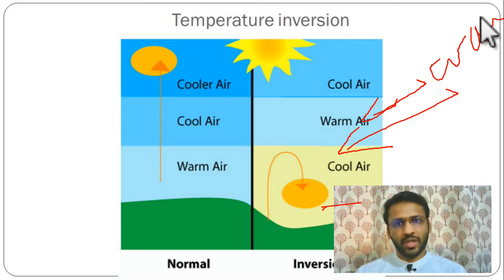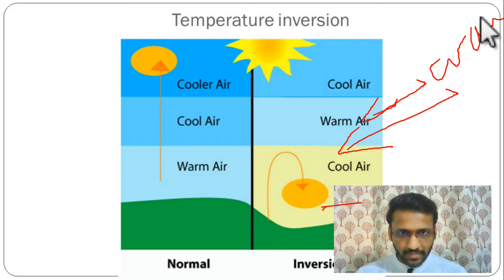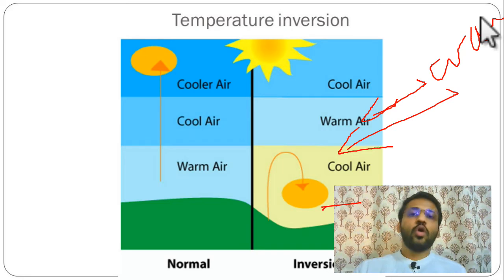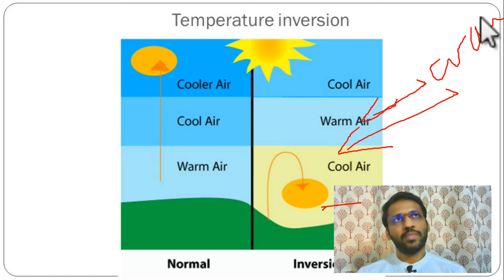So what happens in this condition? When the atmosphere is at stagnancy, cold air is below the warmer air. So whatever content that cold air has, which is in contact with the ground, it will show its characteristics. For example, the cold layer contains moisture.